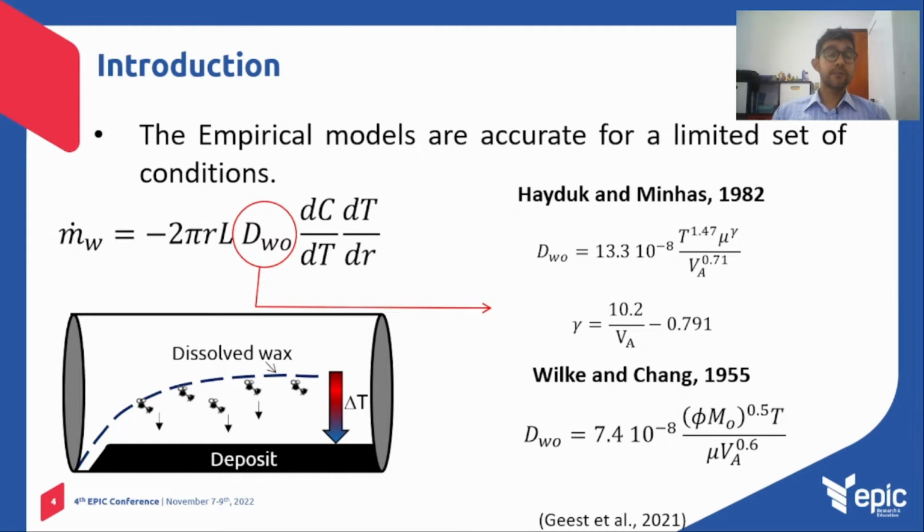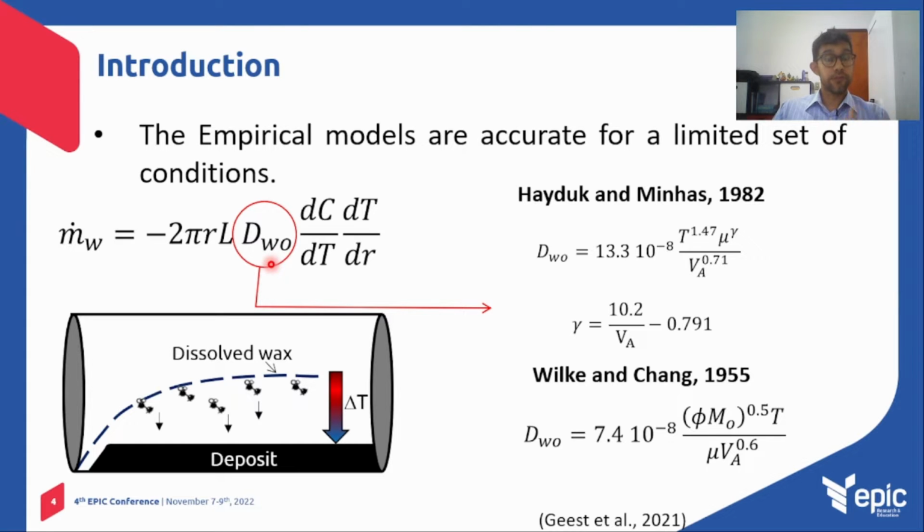When we consider molecular diffusion as a mechanism to form a deposit, we have some important points here. The first one is the temperature gradient, the other is the concentration gradient, and also the diffusivity.